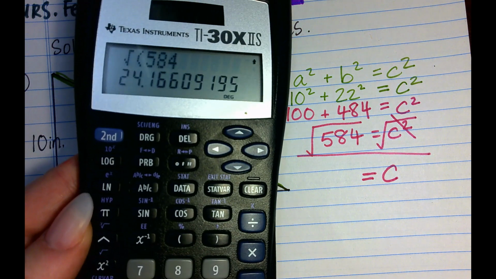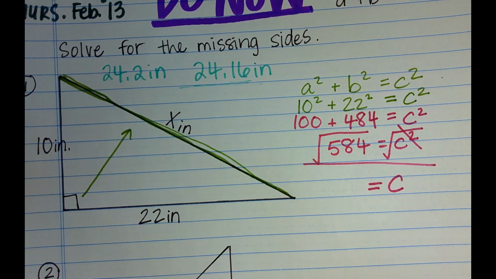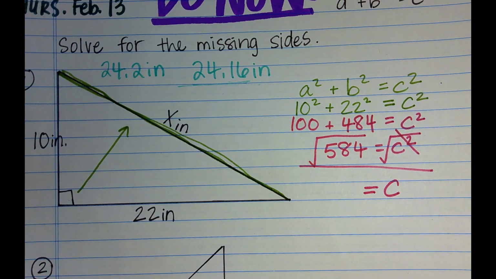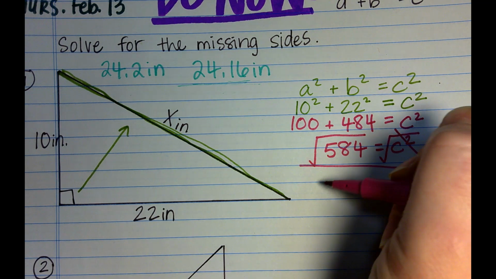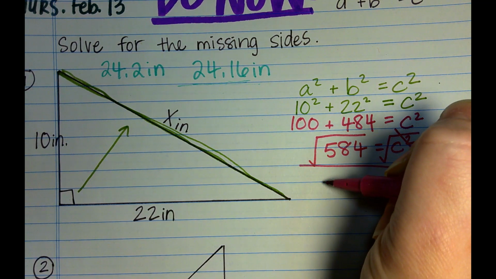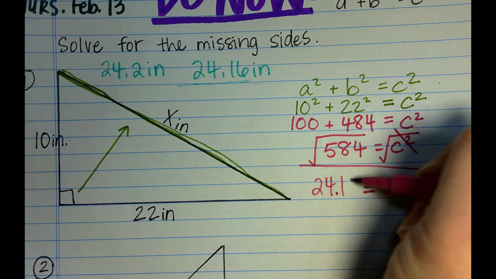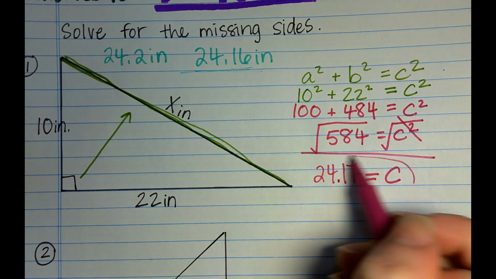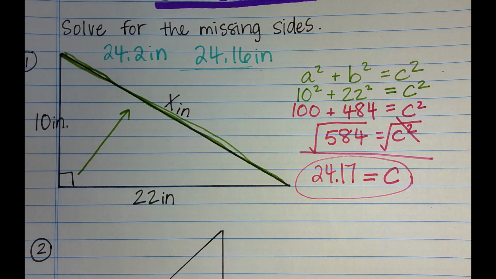We round up the last digit. Am I grading you on rounding? No. Will I count this wrong? No. It's close enough. But just for the future, especially if you're taking college courses in math eventually, you'll want to make sure that we round it correctly. So 24.17 inches.